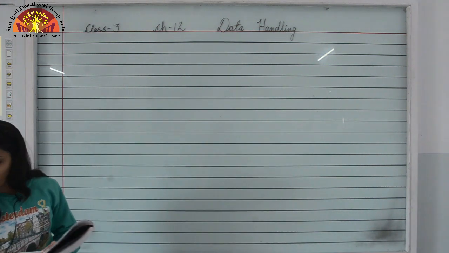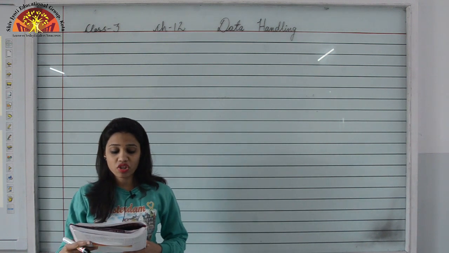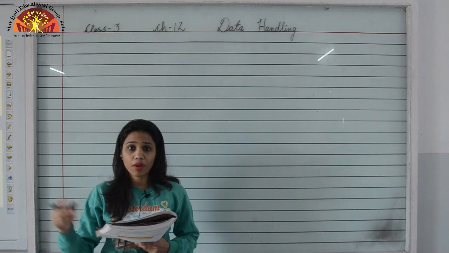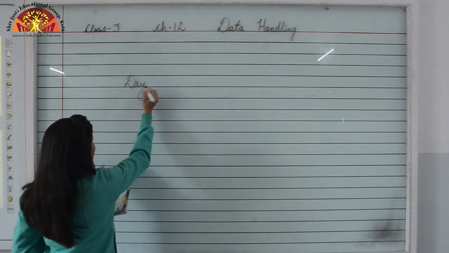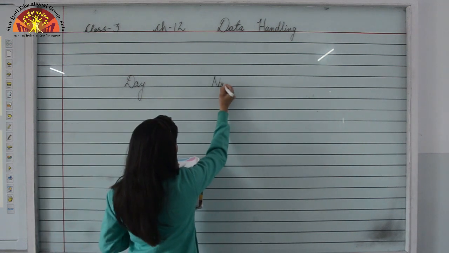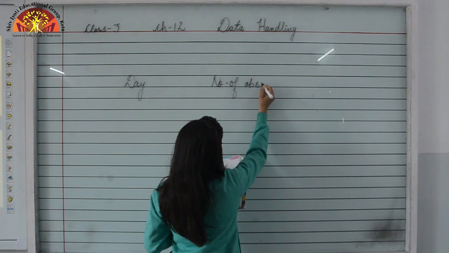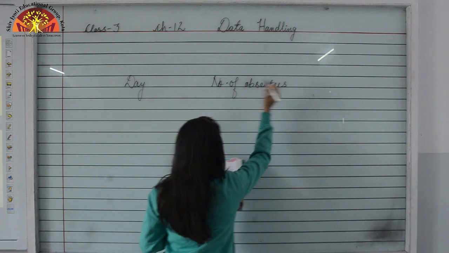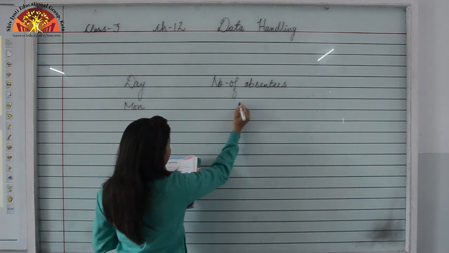As it is given on page number 167 of your book, a table is given in which number of absentees are given on a particular day. For example, this is a column of day and number of absentees are given. On Monday, number of absentees are 5.